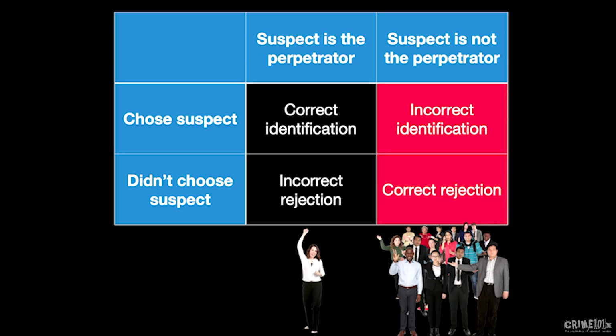In other words, conducting more lineups may have the effect of increasing correct identifications, but at the cost of increasing false positives. If we run too many criminal-free lineups, lineups where the suspect is not the perpetrator, which is all the people in our second column here, then we're substantially ramping up the chances that an innocent person will be falsely identified as the criminal.